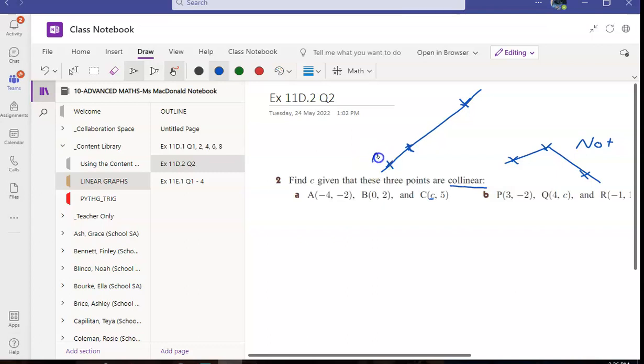Yeah, so if this is A, this is B, and this is C, if you work out the slope between A and B, doesn't that have to equal the slope between B and C? It's the slope between A and C. They all have the same slope, agreed? So we've got these 2 points. We know them.